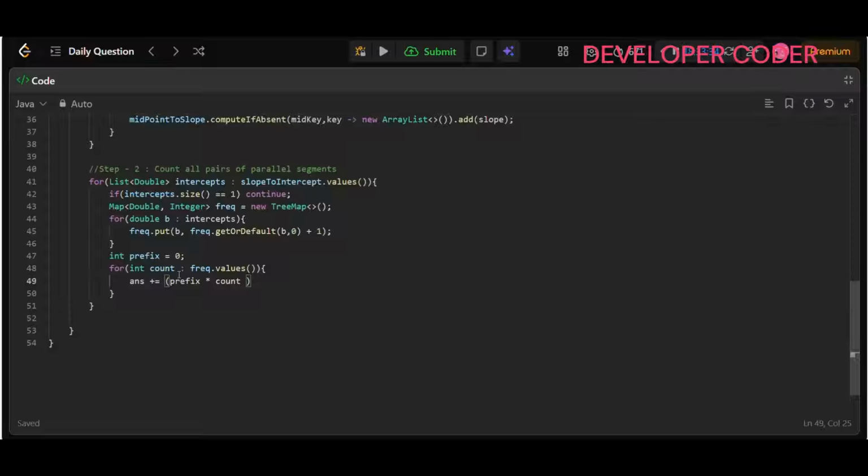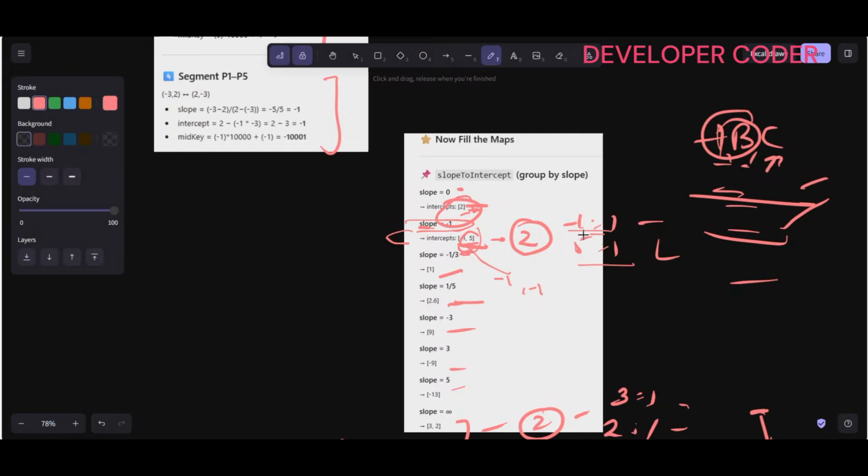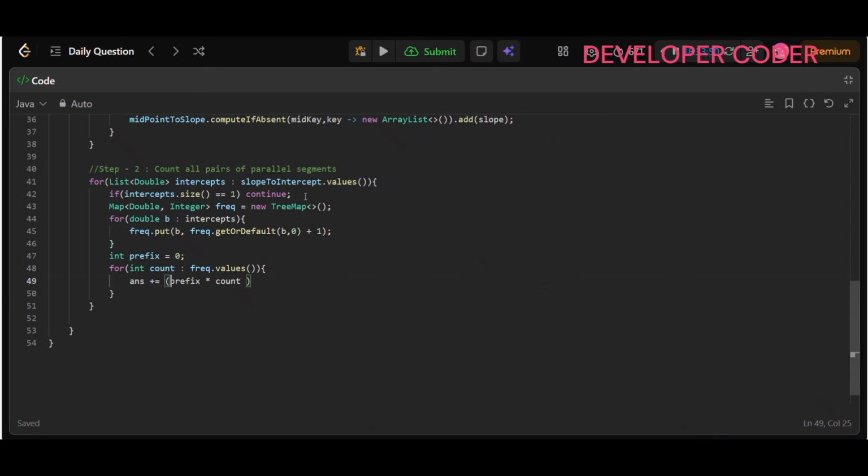Higher value I will see above, right? Here double, integer, so double is nothing but the intercept I'm iterating, right? So I will see higher value, here I will see 5 first, right? TreeMap, right? Okay, so this is how I'm going to do this, right? You can use a HashMap also. I don't think it will create any impact.